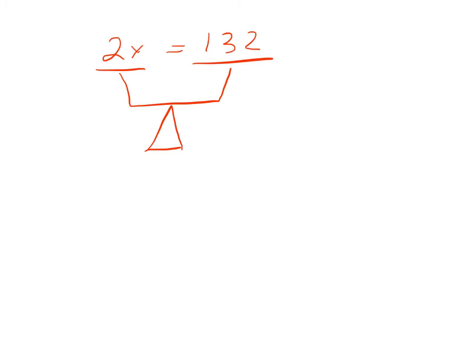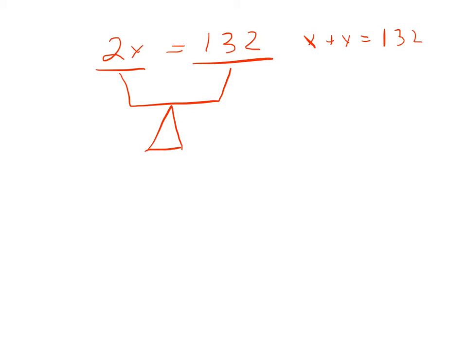Alright, the next type of problem that we're going to work with is a multiplication problem. So again, we can still have a scale, and it can still be balanced once we determine what x is. So I've got 2x equals 132, and another way of thinking that is x plus x equals 132.